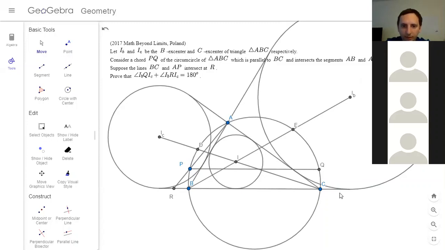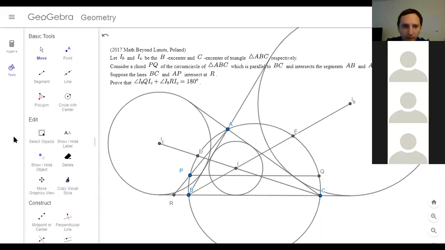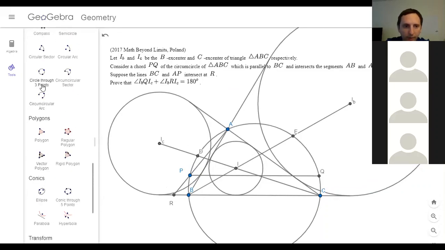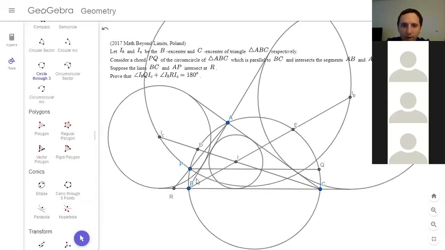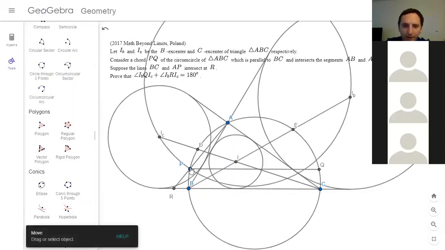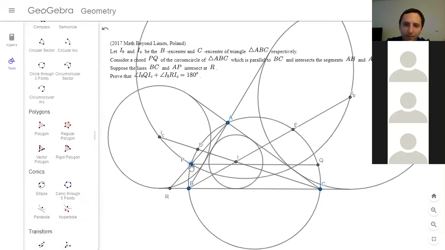Can I check if IC, IB, P, Q is cyclic? No, it can't be cyclic. Or, well, maybe it could have been, but the fact that P can be anywhere on the circle makes it unlikely.